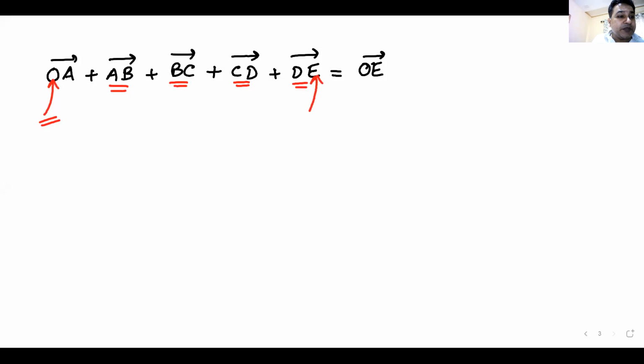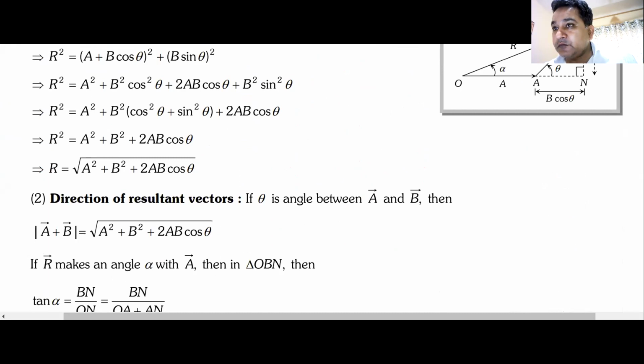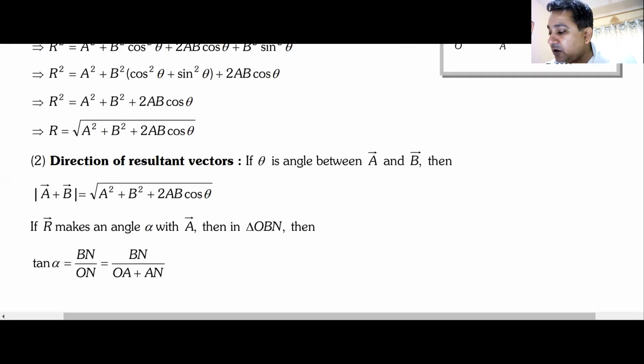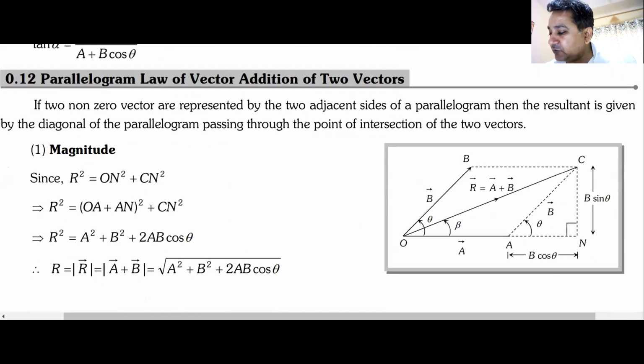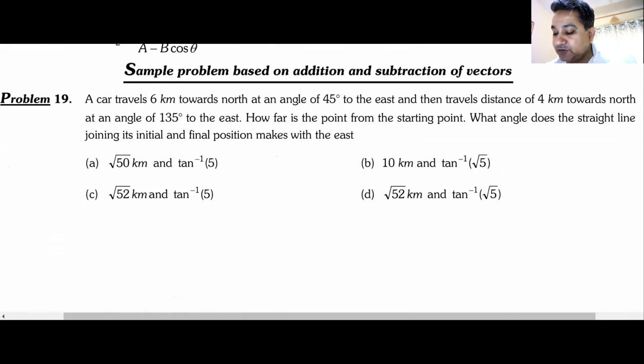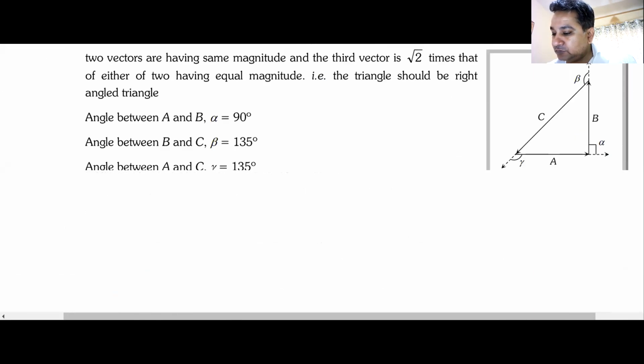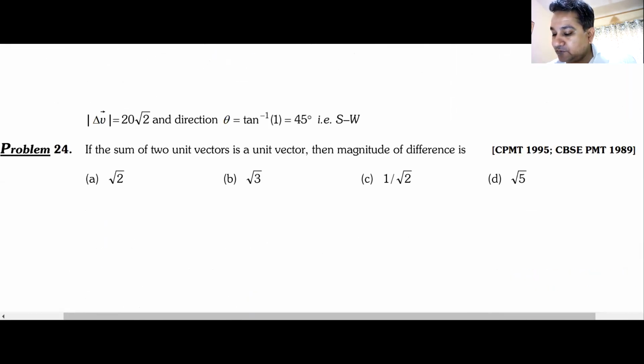And that would be known as which law? Polygon law of vector addition. So we'll just skip away this one. This is subtraction of vectors. Where is the polygon law? Must be there somewhere.